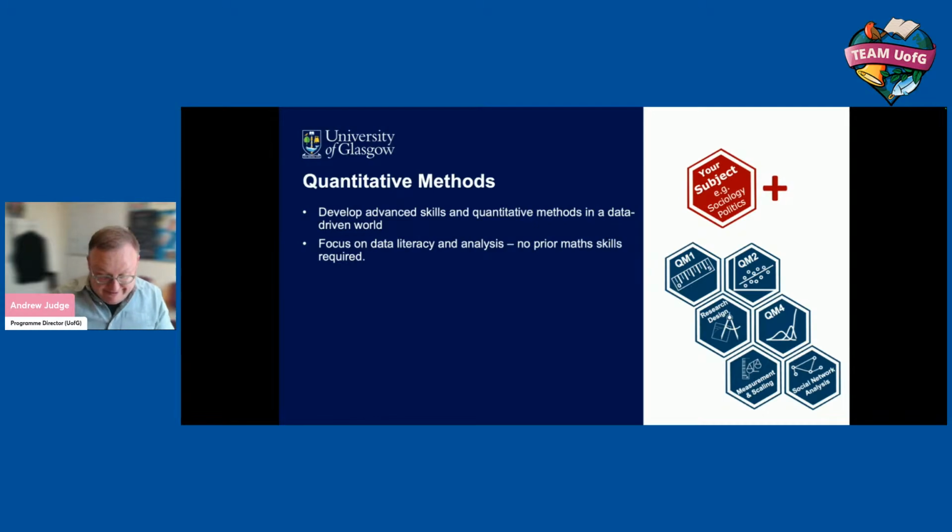But actually, it's not really true, because if you want to understand the social world, if you want to examine what causes what, or track things like changes in inequality and so on, then having skills in what we call quantitative methods, that is analysis with numerical data, can be quite helpful.